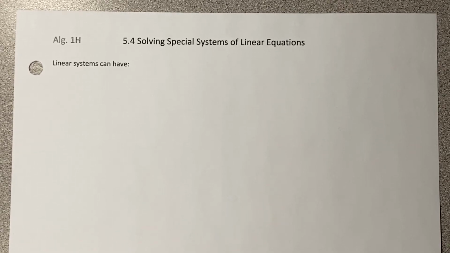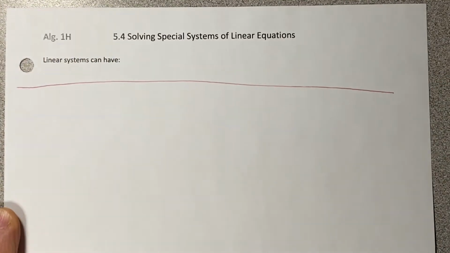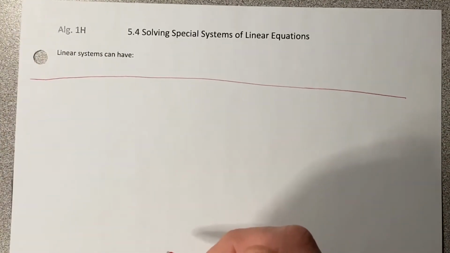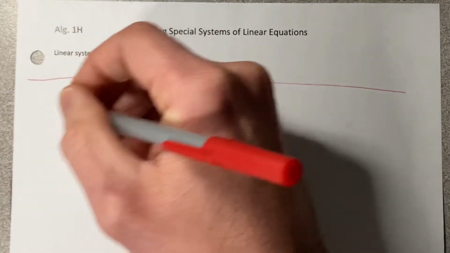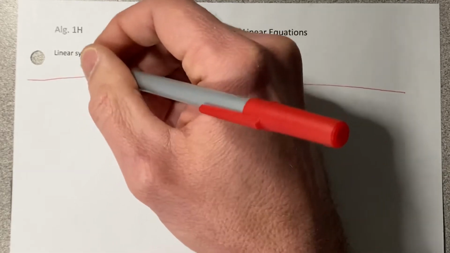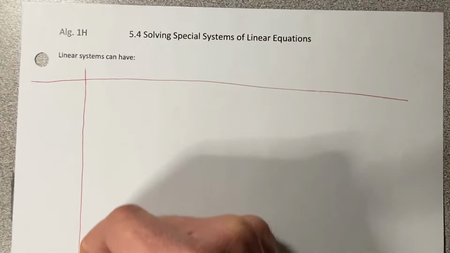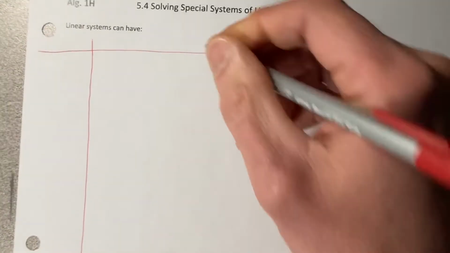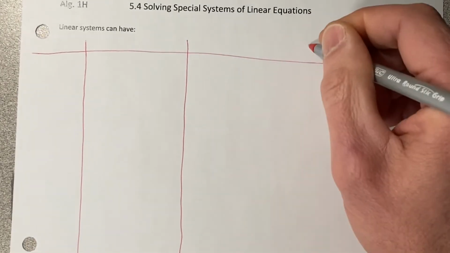What I'd like for you to do is, in this big space here, draw a grid. Draw a little line across the top. Let's draw a vertical line down the side with a little bit of space there, and then draw another one, split it up into some columns here.